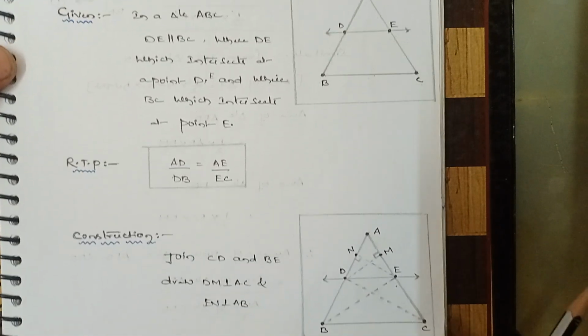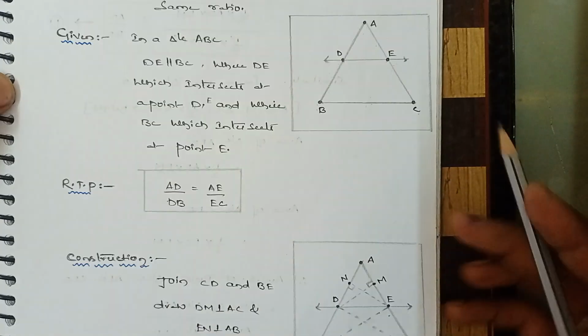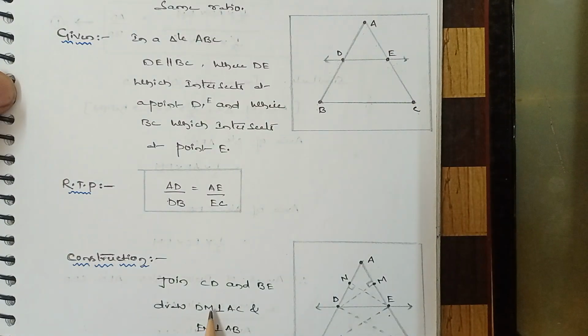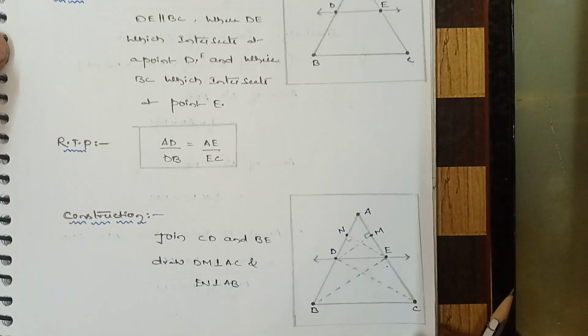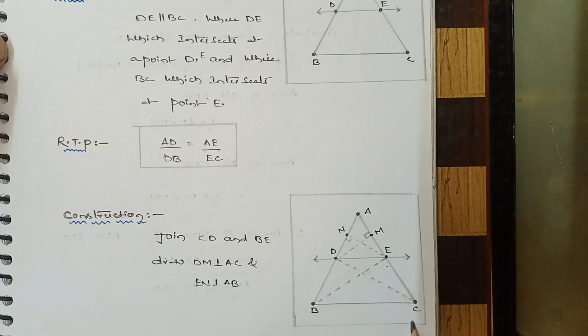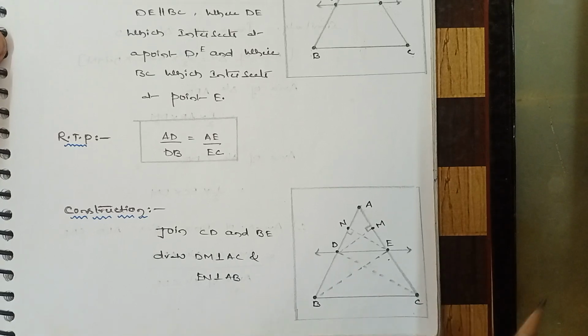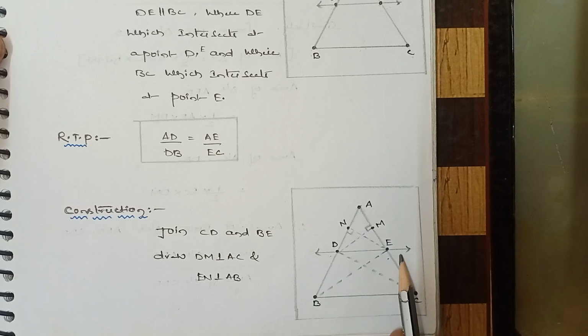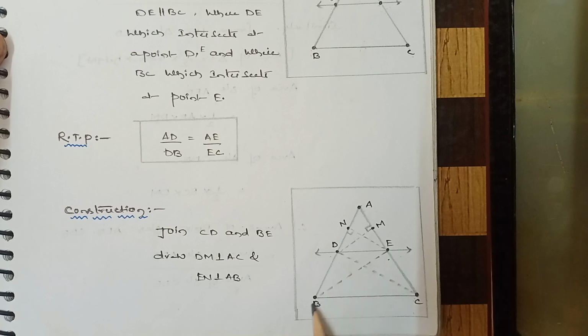So I have taken perpendiculars in the triangle ABC, where DE is parallel to the other side. Then join CD, that is C and D, and B and E.